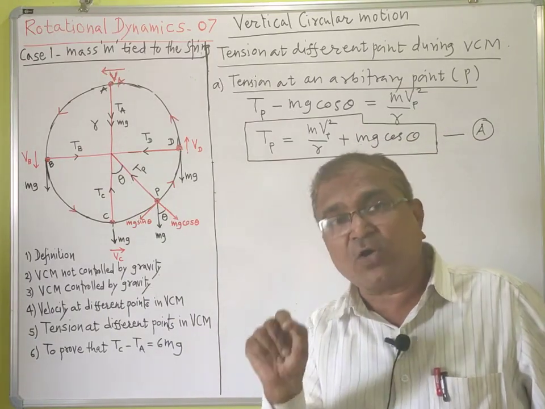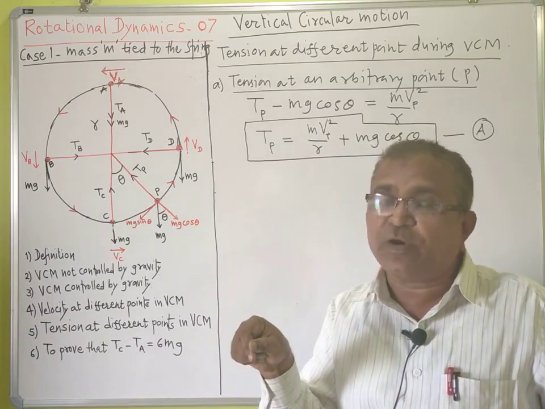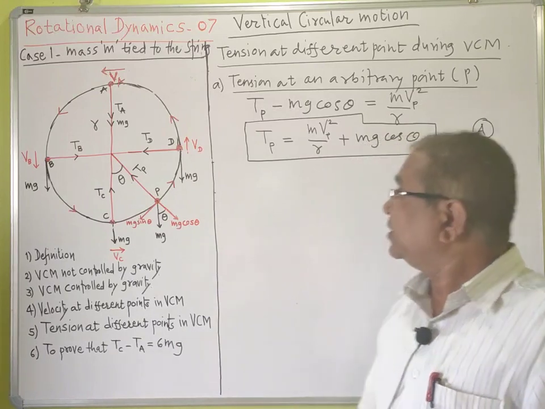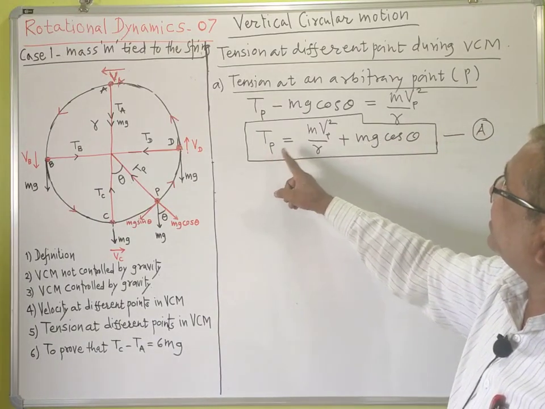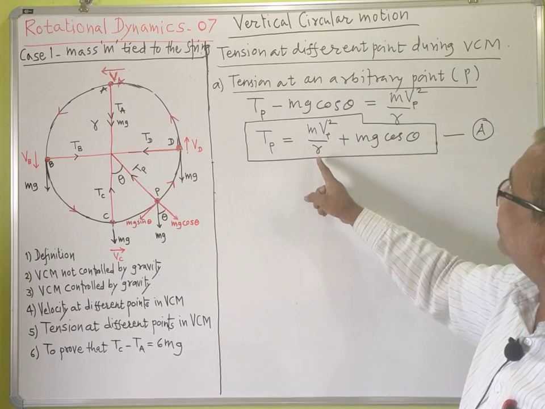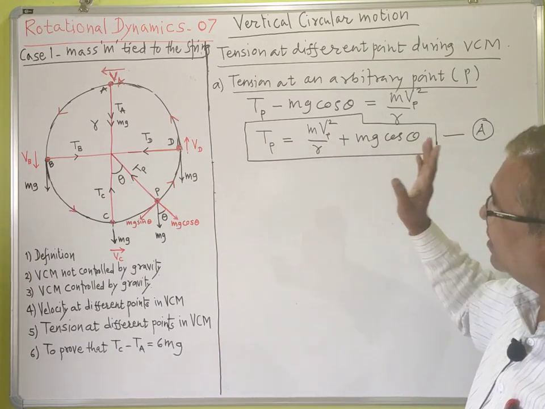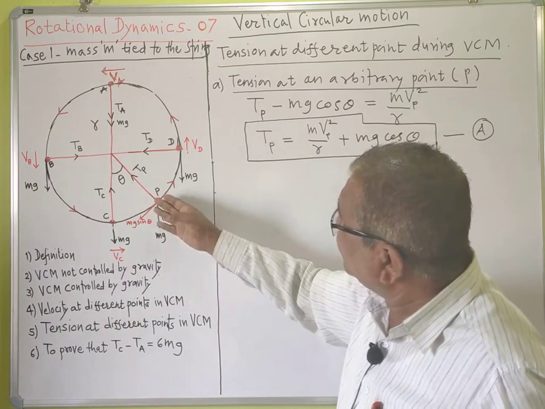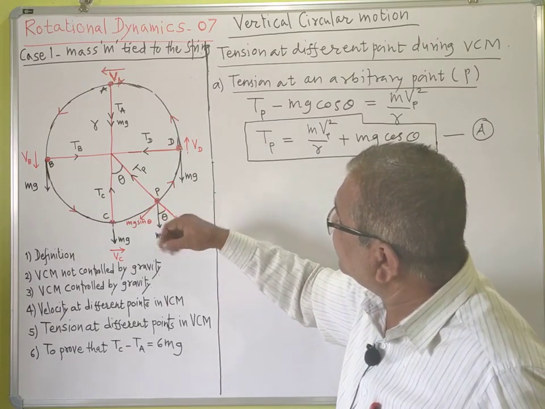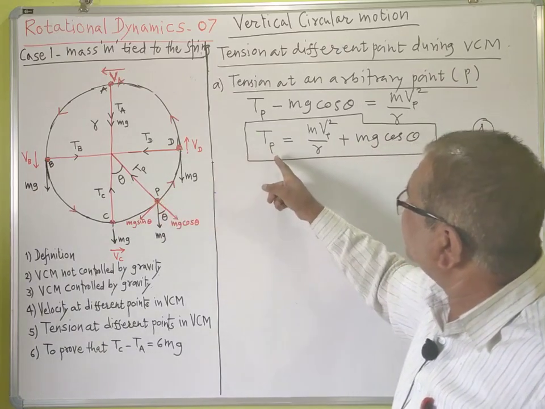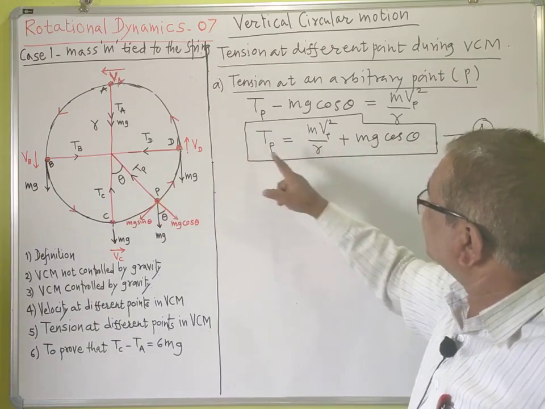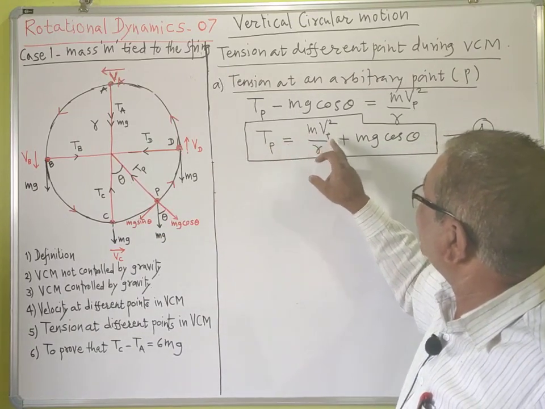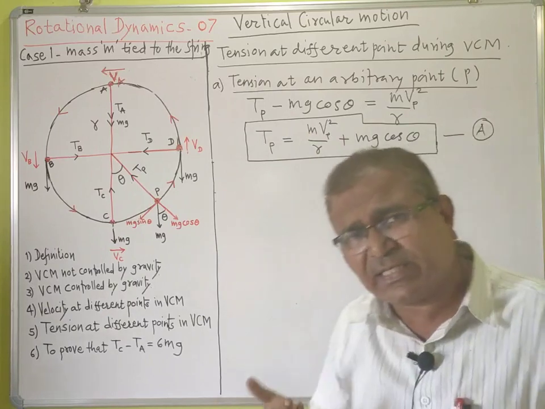Tension acting on the string at any point on the circumference during vertical circular motion is given by Tp equal to m vp square upon r plus mg cos theta, because I have denoted the arbitrary point as point P. If we denote it by point x, or point y, then we change the equation like this. Suppose it is denoted by point x, then we can write Tx equal to m vx square upon r plus mg cos theta, like this, dear student.